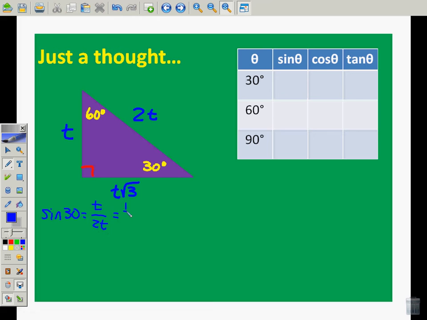The cosine of 30 is equal to adjacent over hypotenuse, t times the square root of 3 over 2t. Let's reduce it here. We've got square root of 3 over 2. Looks pretty convenient to me. Tangent of 30 is equal to opposite over adjacent.